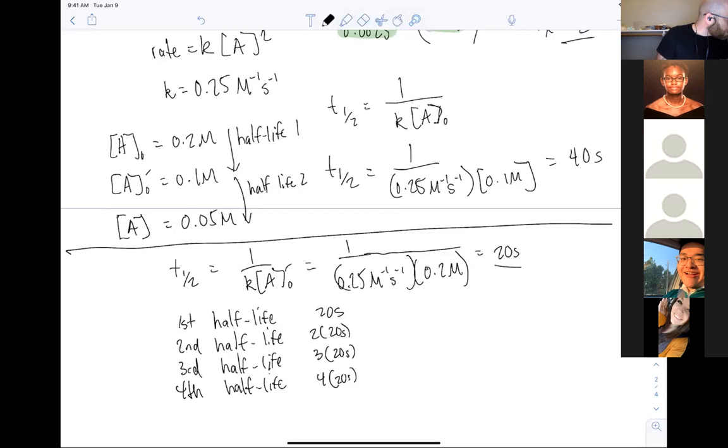So usually for second order half-life, there's not going to be a weird equation. It's usually going to follow like each subsequent half-life is 20 seconds, and 20 times 2, 20 times 3, 20 times 4. Right. Yes.